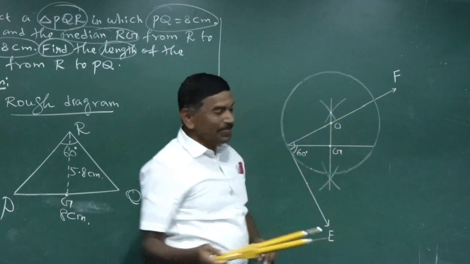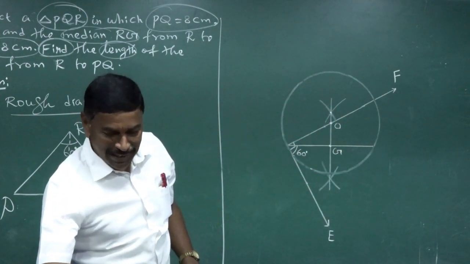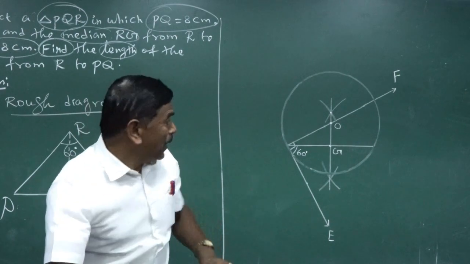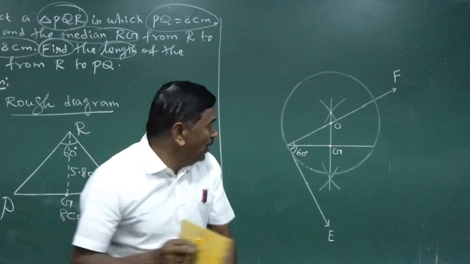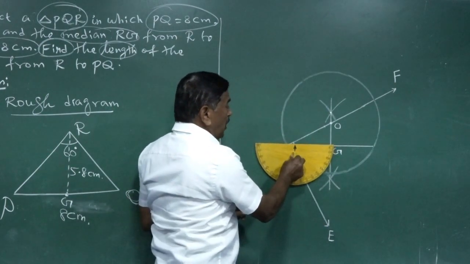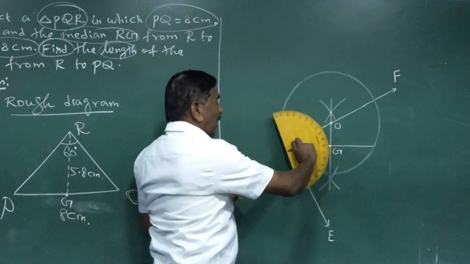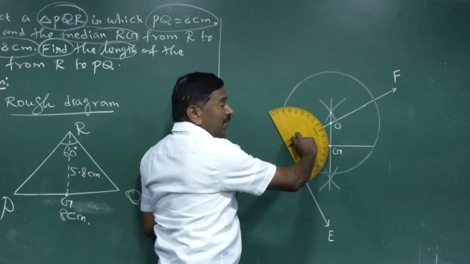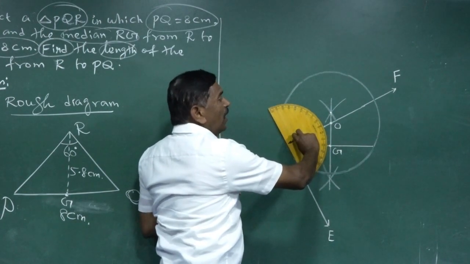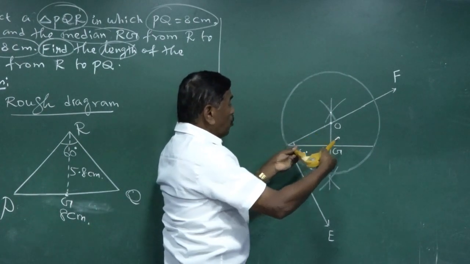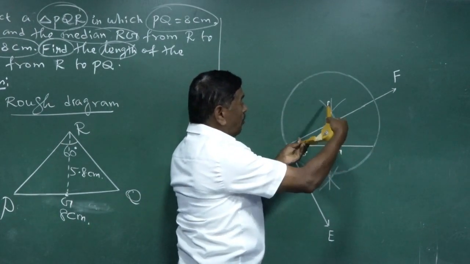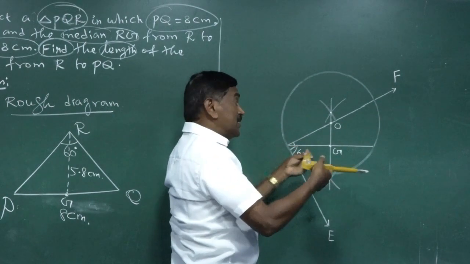Okay, now listen, steps very important. Step 1, draw PQ equal to 8 centimeter. Step 2, P as a center, downwards project 60 degree. Then again P as a center, draw a line at 90 degree. Then using compass, P as a center, more than half of PQ, upward 1 arc, downward 1 arc with the same radius.